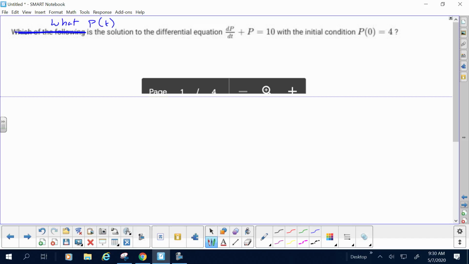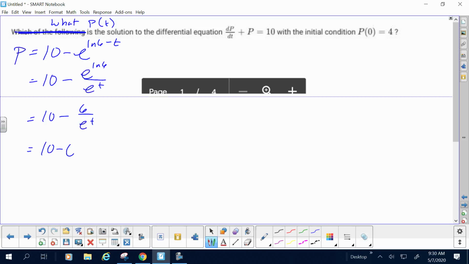Okay, my solution is P equals 10 minus e to the log of 6 minus t. I guess you could also say this is 10 minus e to the log of 6 over e to the t, or 10 minus 6 over e to the t, or 10 minus 6 e to the negative t.